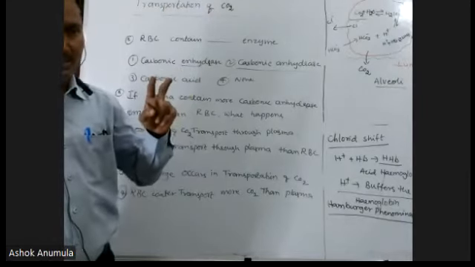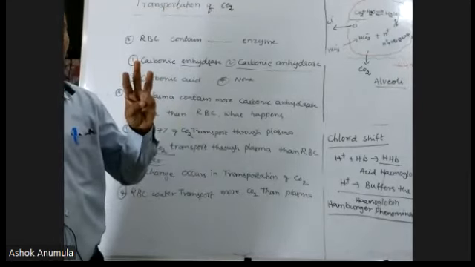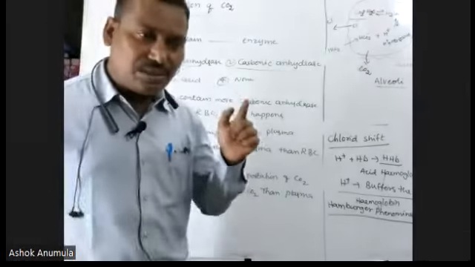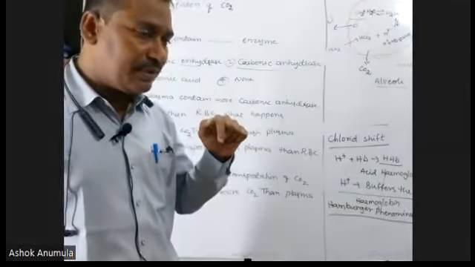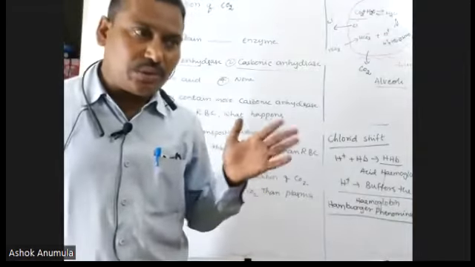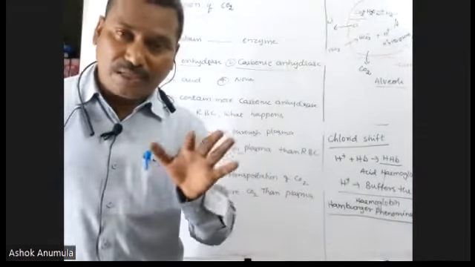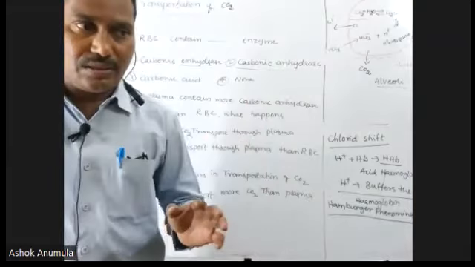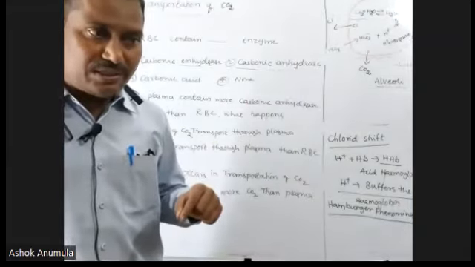Why? Because just now we discussed carbon dioxide transport through three methods. First one, dissolved state. In dissolved state also the carbon dioxide combines with water. But through the dissolved state, only 7% of carbon dioxide is transported.